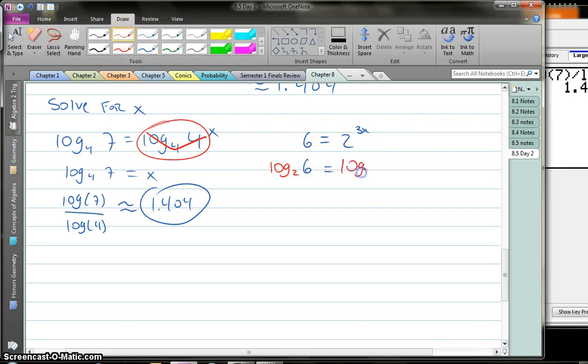Just like if we were solving an equation and I would multiply 2 by both sides, in order to get rid of that base, I'm going to log base 2 each side. So I have log base 2 of 6 equals, well now I've created this situation, so I'm left with 3x. And then to get x by itself, I would just divide by 3. But you kind of have to evaluate this first. So I have log of 6 divided by log of 2.